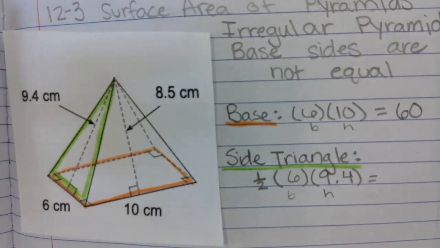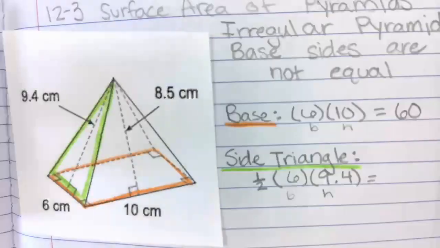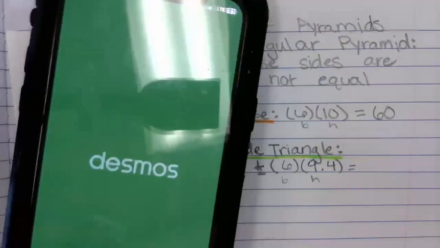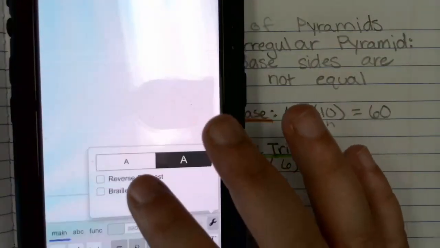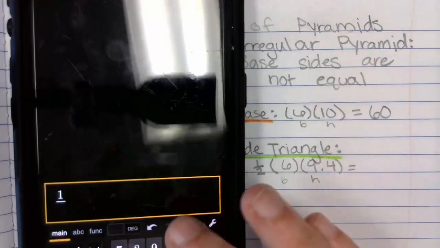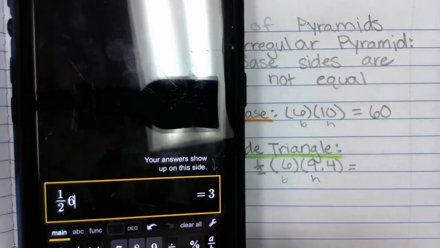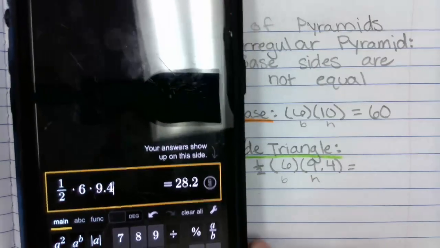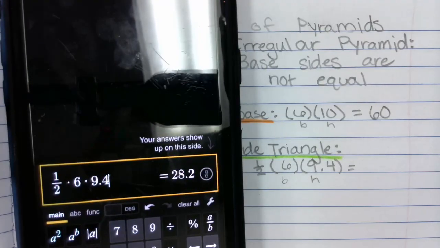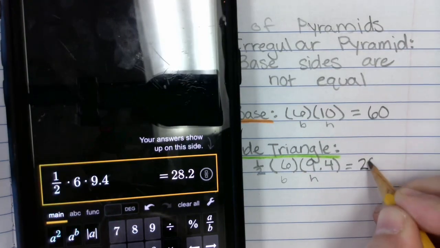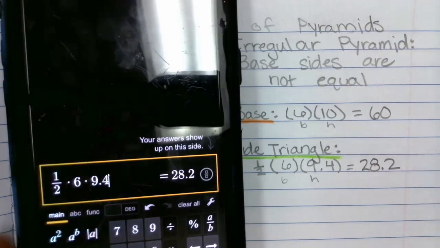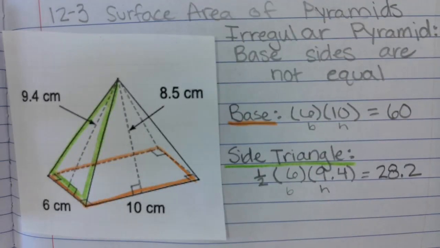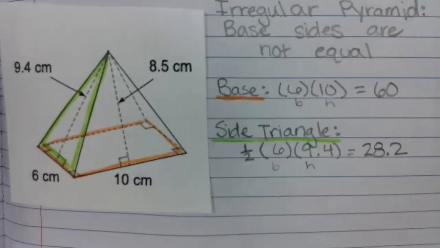I'm going to use my calculator for that. One-half times 6 times 9.4. And we get 28.2. So that's the area of that green triangle.